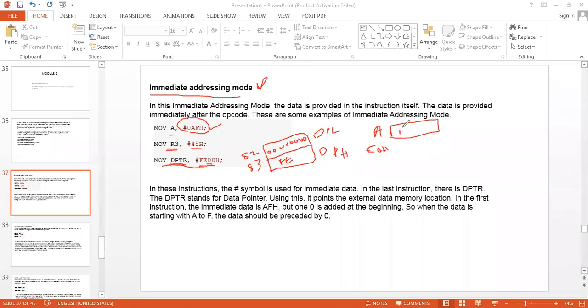AFH, that is A is 1010, F is 1111. That is going to be loaded into the A register. In the R3 register, 45H is going to be stored. R3 register is also a 1 byte memory location, right? And what is the address of R3? It is 03. So into 03, what will be stored? 45. 45 stands for what?